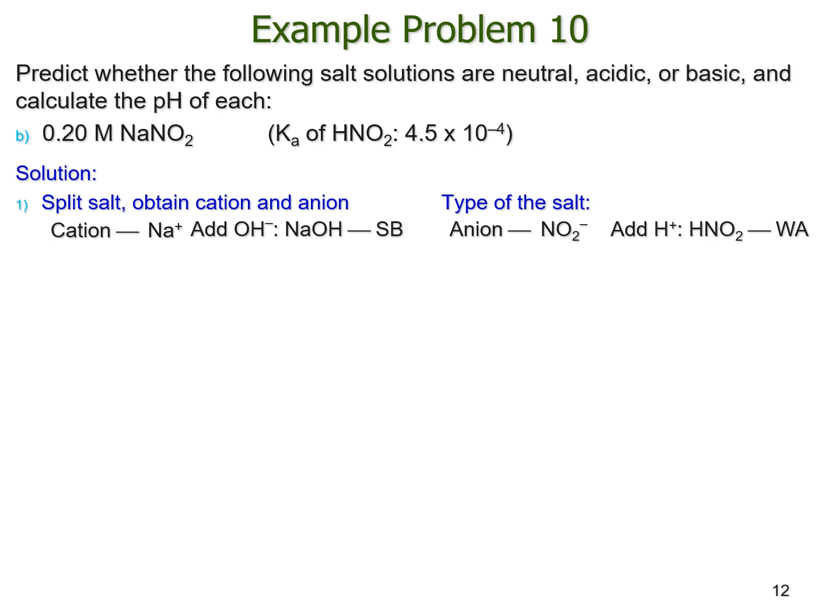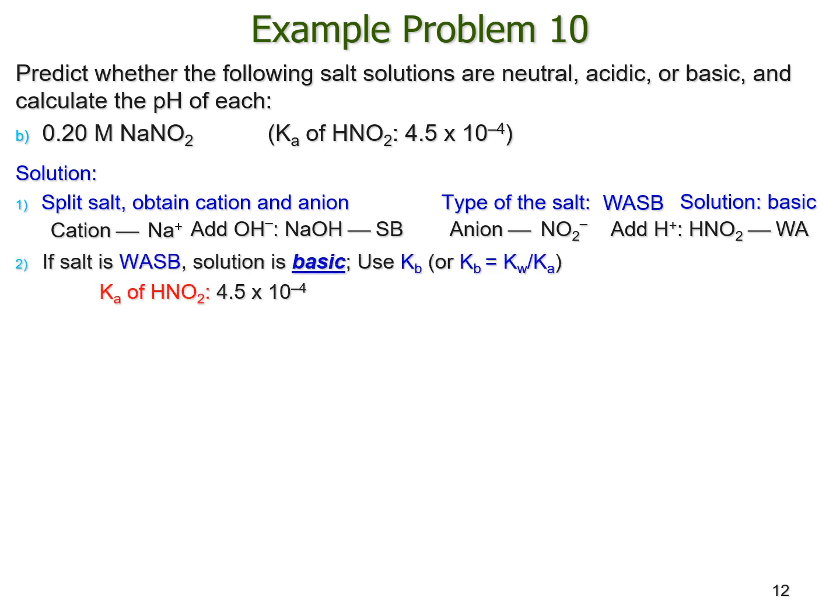How do I know it? The difference between the subscripts of oxygen and hydrogen is 1, so that's a weak acid. Strong base, weak acid: type of salt is basic. So the solution is basic.